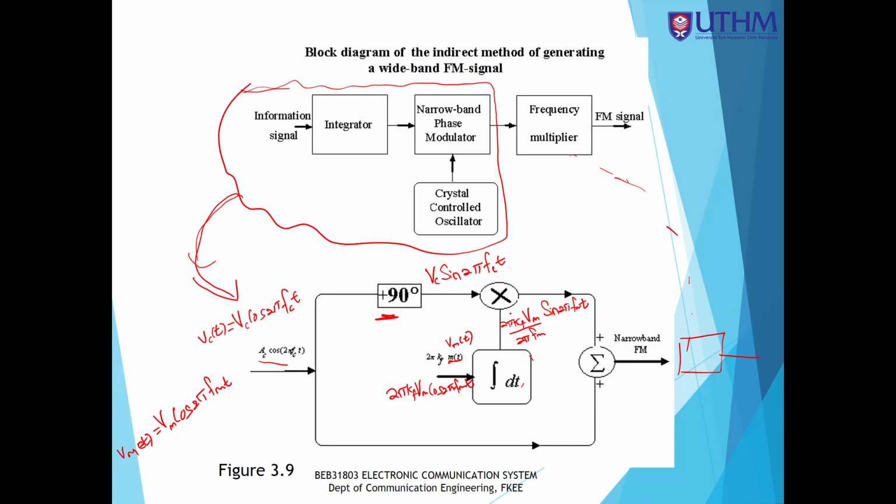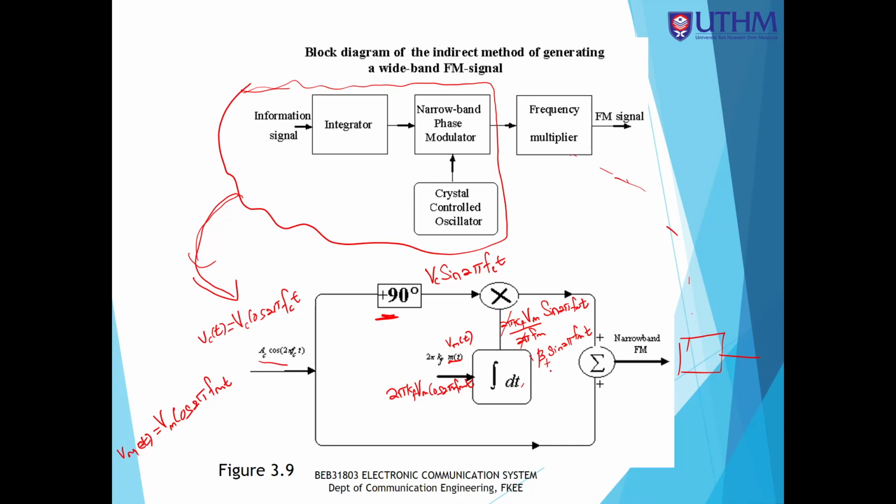We can cancel out 2 pi, and it becomes kf Vm over Fm. So kf Vm over Fm is actually beta f sine 2 pi Fm t.